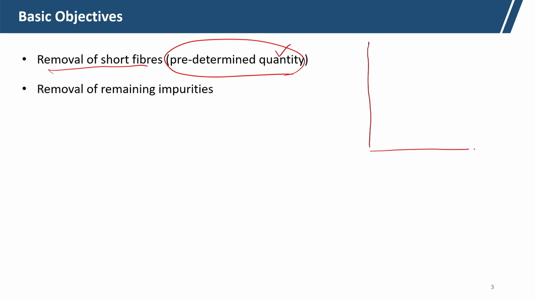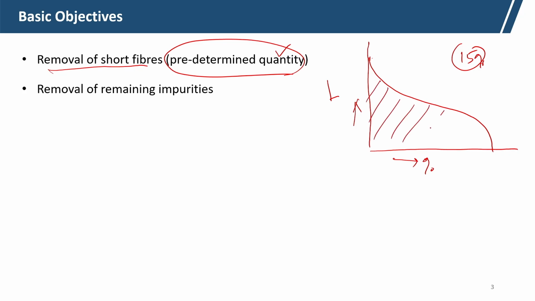Let us see, this is the cotton fiber staple diagram. Here is the fiber length, here is the proportion of fiber. Now, if we want to remove say 15%, so this is the total area, total mass. So, 15% of that.